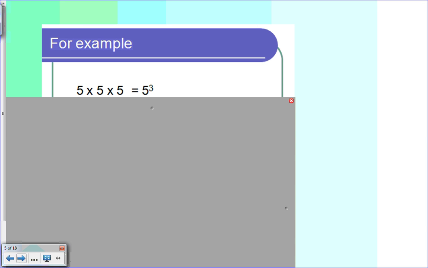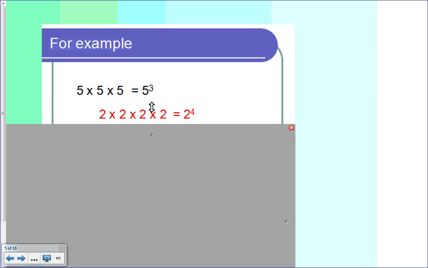Some examples, and you could write these again on your set of notes that goes with this one. 5 times 5 times 5 equals 5 cubed. 2 times 2 times 2 times 2 is 2 to the power of 4. I have 1, 2, 3, 4 twos being multiplied together, and that's expressed right there.